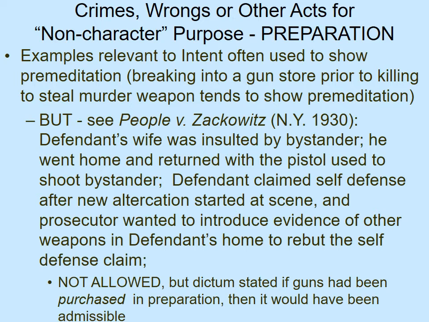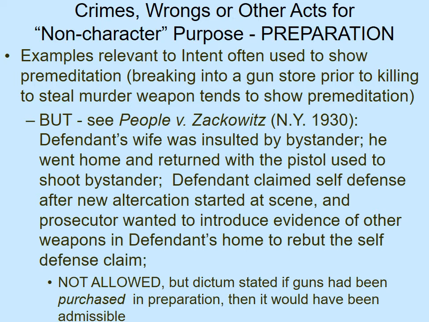I thought that was an interesting one, showing preparation. Or I also have one on the slide here, breaking into a gun store and stealing a weapon before killing someone. Obviously, that comes in under preparation, but it also helps show intent, right? Because it shows premeditation to kill.